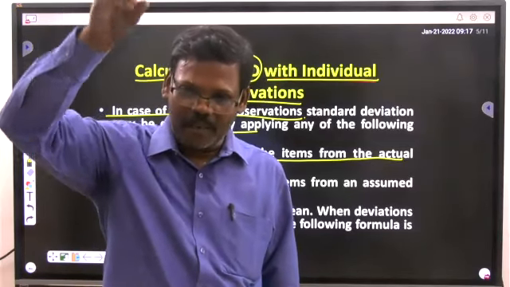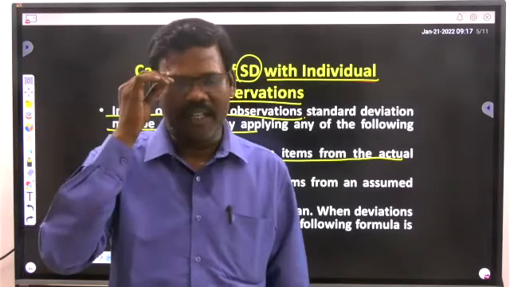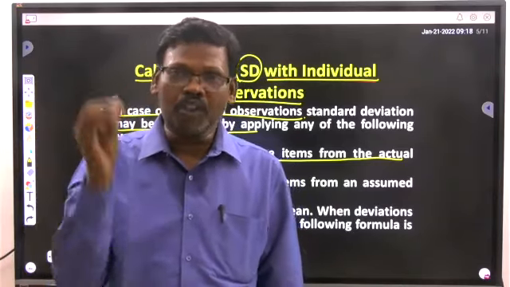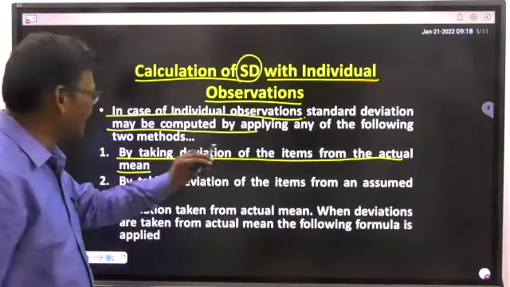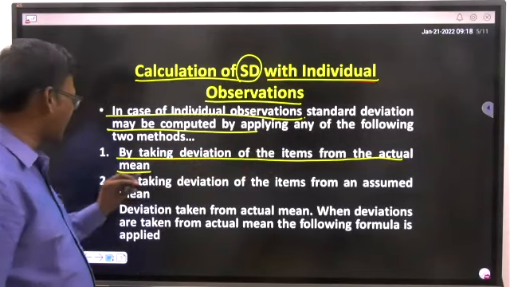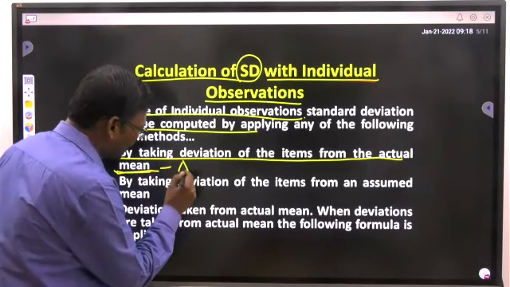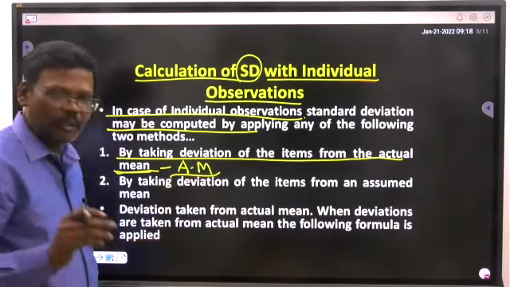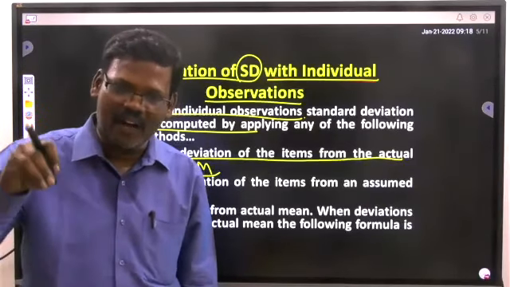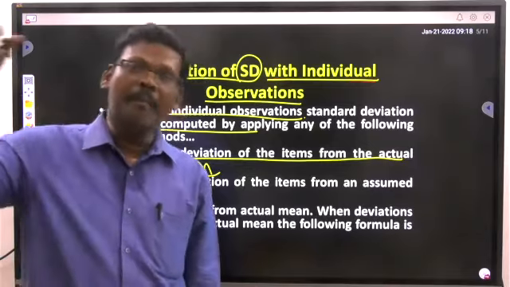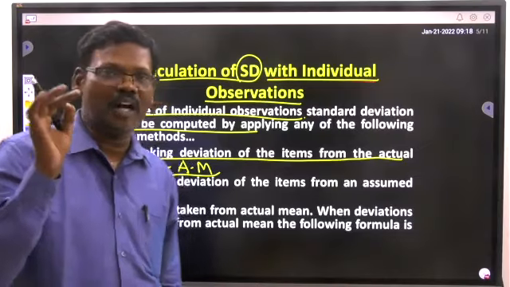Either we can take the arithmetic mean, median, or mode, but the most popular method is the arithmetic mean. Please remember, we can take the average from the mode and median also, but popularly it is calculated with the arithmetic mean.